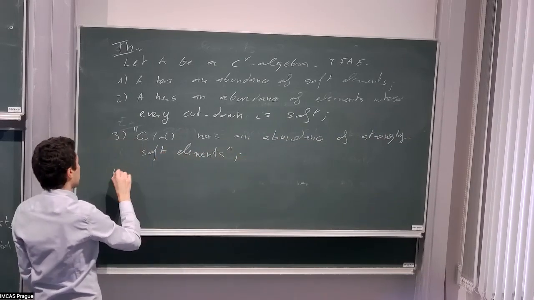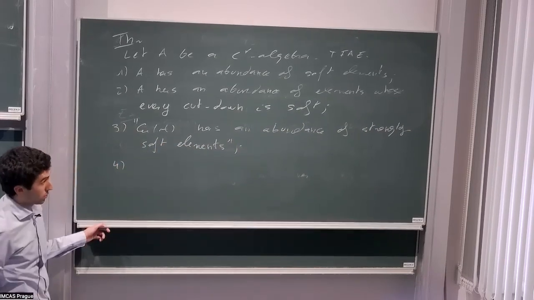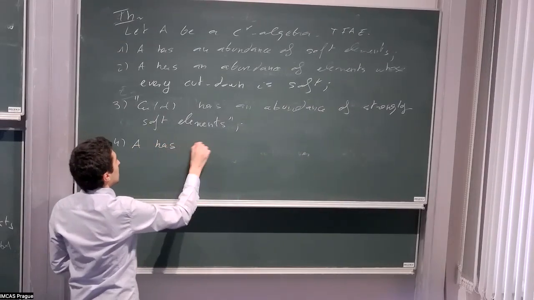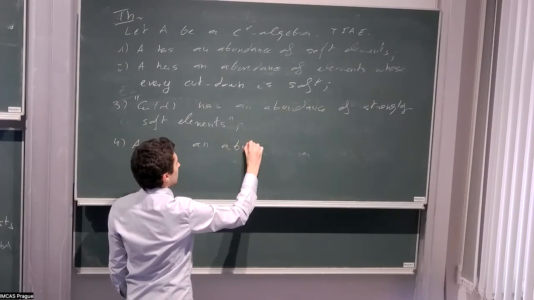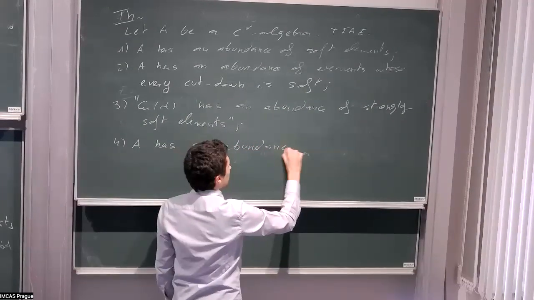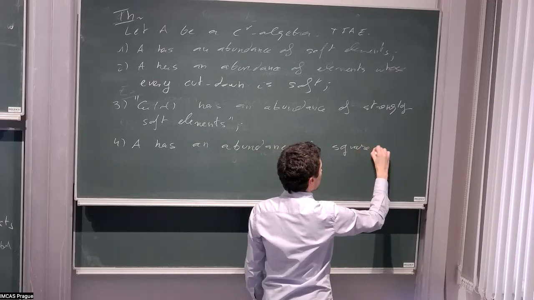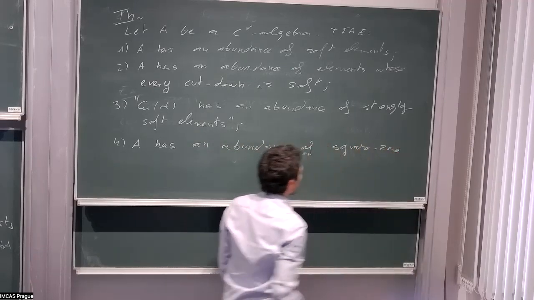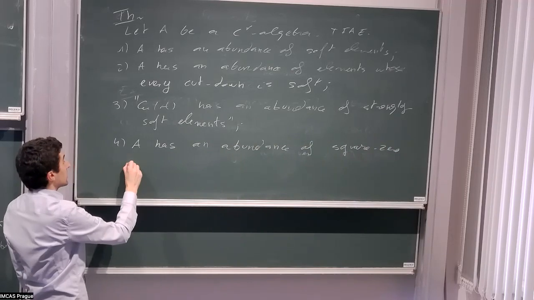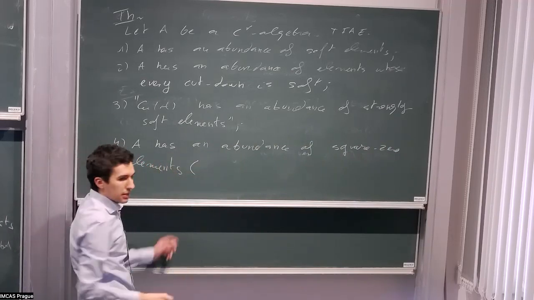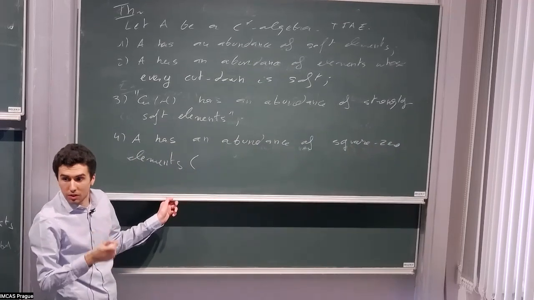And well, this is the whole purpose of the project, A has an abundance of square zero elements. So elements whose square is zero. And this in the literature is known as the global clean property.